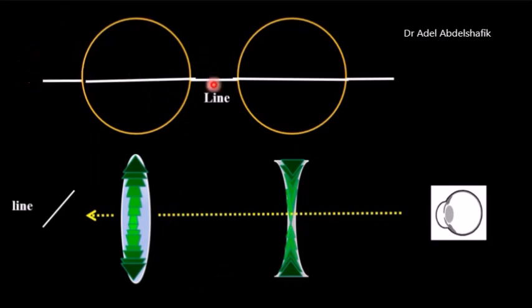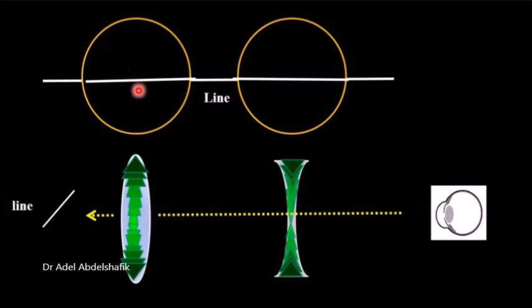Here, this is the line drawn on a paper, and this is the unknown lens. In the lower part here, this is the line of sight between our eye and the line drawn on the paper. As you notice here, in the starting point, the line of sight is in the center of the lens.